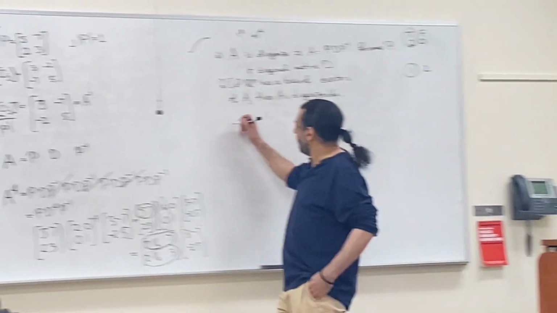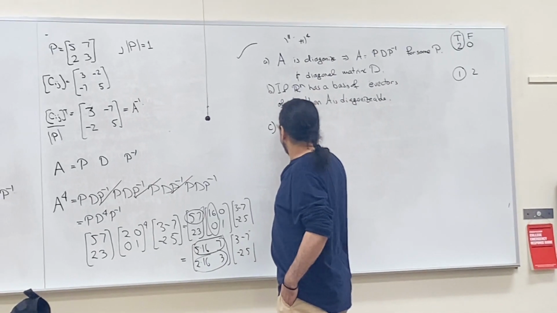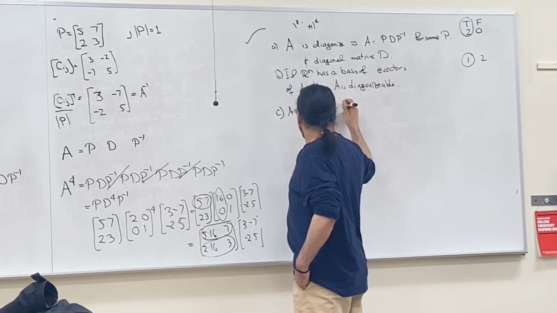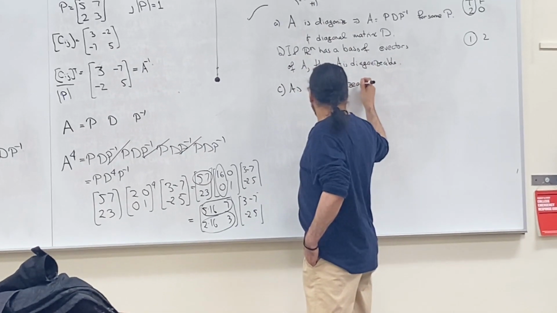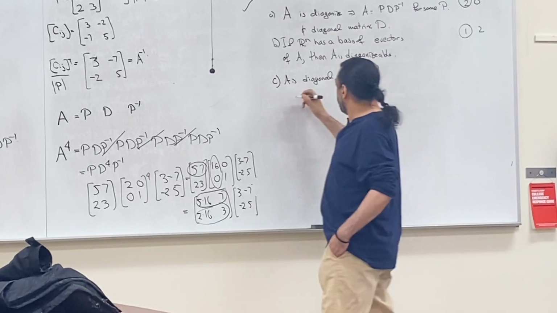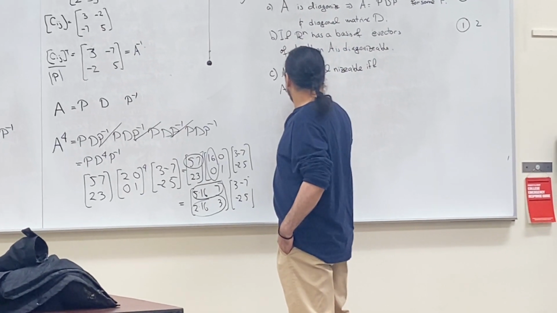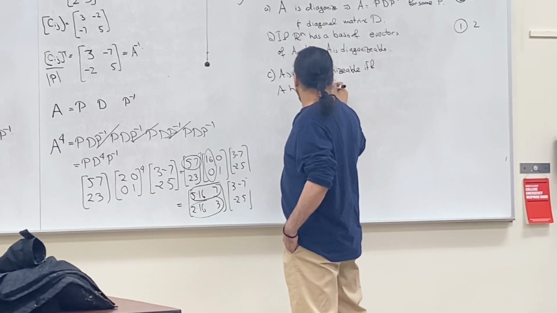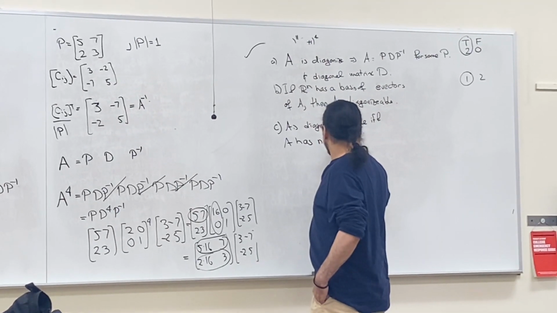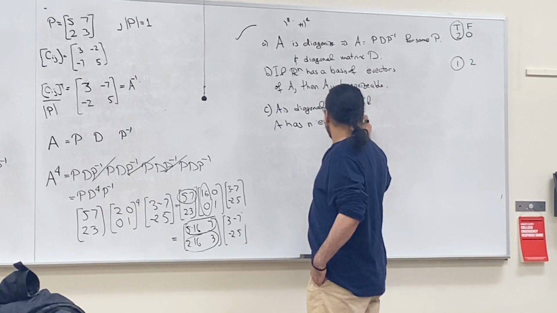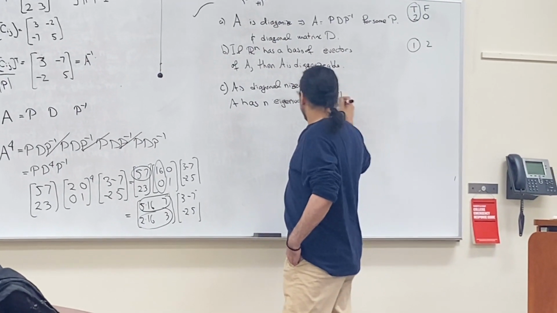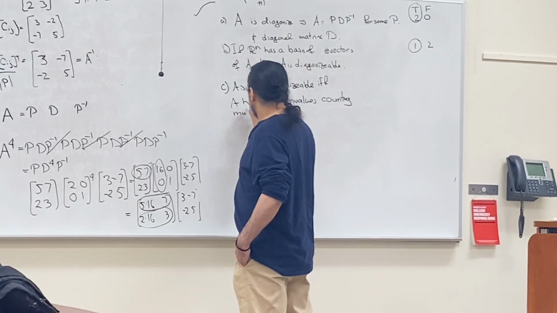A is diagonalizable if and only if A has n eigenvalues counting multiplicity. Let's write that here. A is diagonalizable if and only if A has n eigenvalues counting multiplicities.